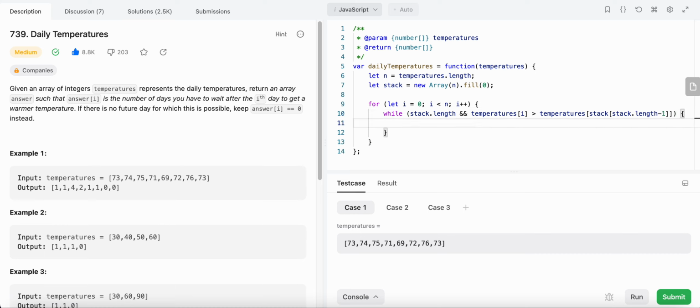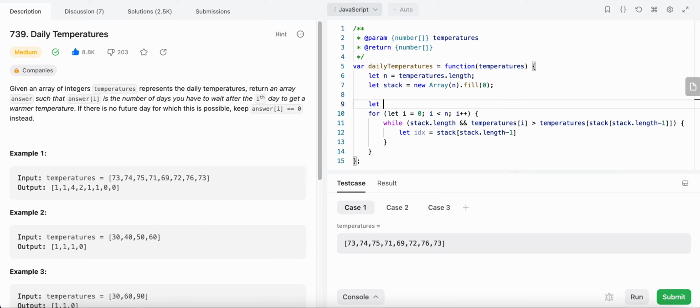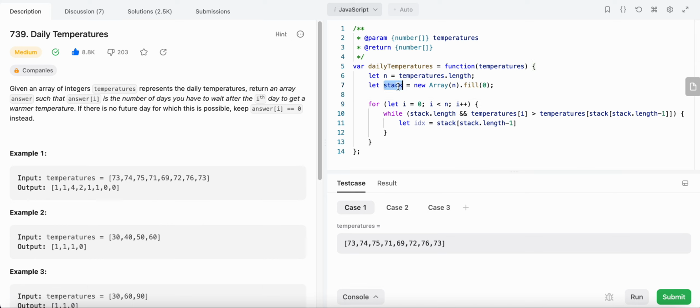If yes, then let index equal the top of the stack, and we are going to update the answer at our index. So we need an answer array. Actually, this is our answer array, and our stack will be an empty array.